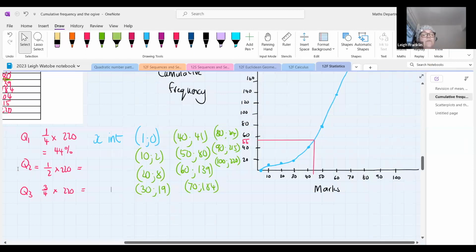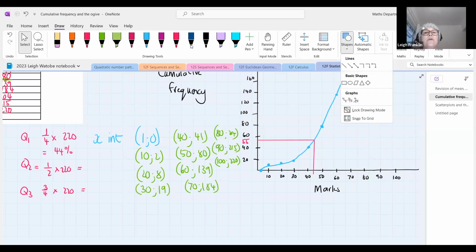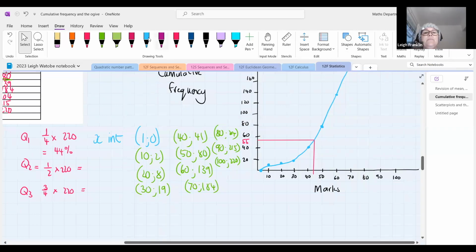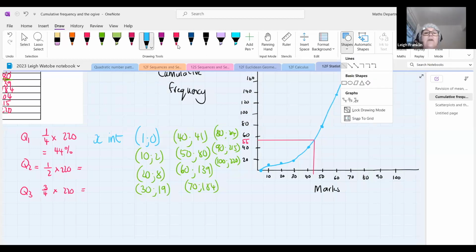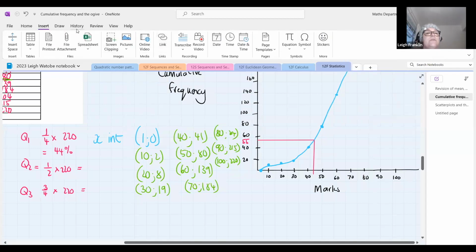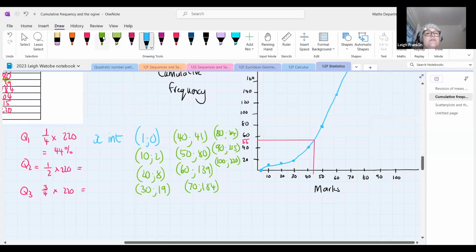Then again, you would find the position of your median halfway. So that would be at 110. Let's get blue. Oh no, hang on, our graph was drawn in blue, so let's not do that. Let's get green.